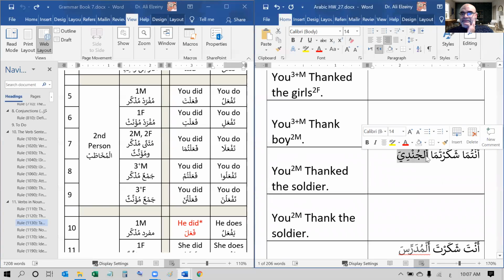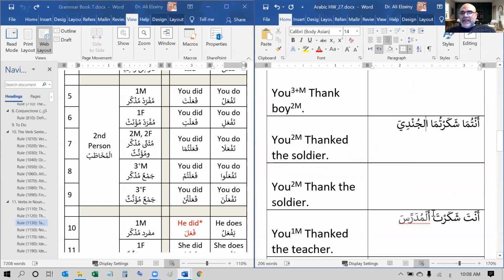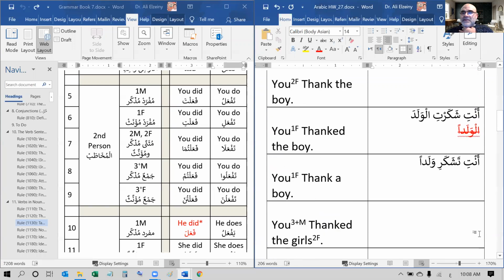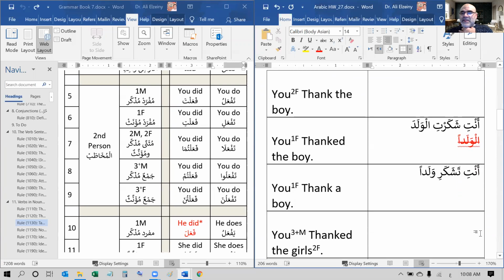Also here, the hamza is wrong, because that is hamzatul wasl. Any hamza for the alif lam, it's hamzatul wasl.